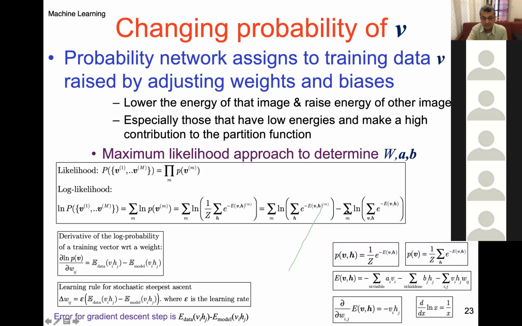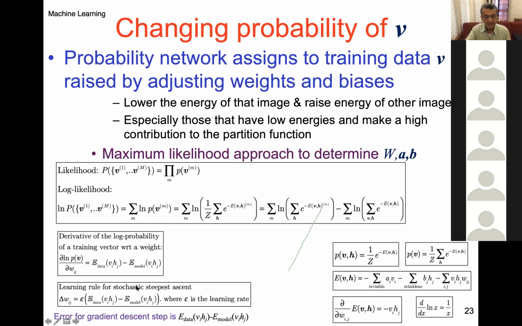So one is the summation over the samples from the data set, and the other is the summation over samples from the model. So we need two types of data here: the training data, and samples from the model we have. It's a very peculiar phenomenon, to have two types of data to figure out this likelihood.